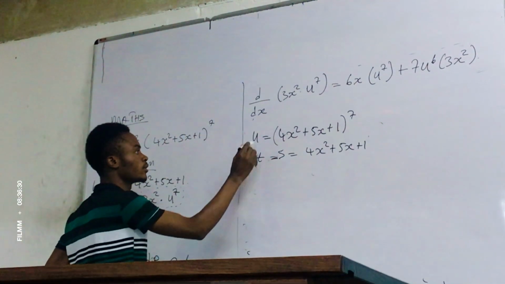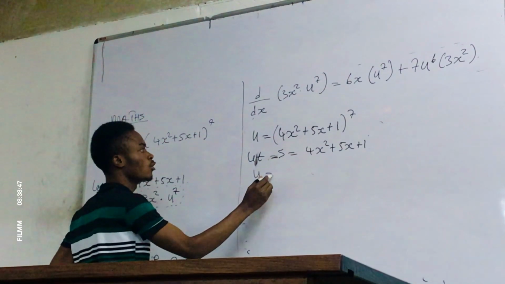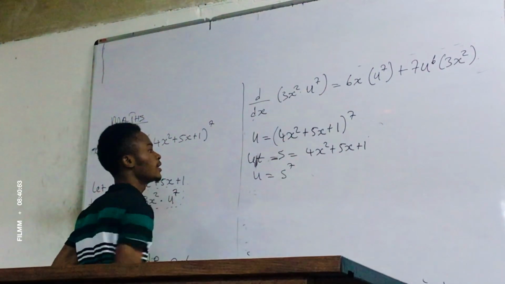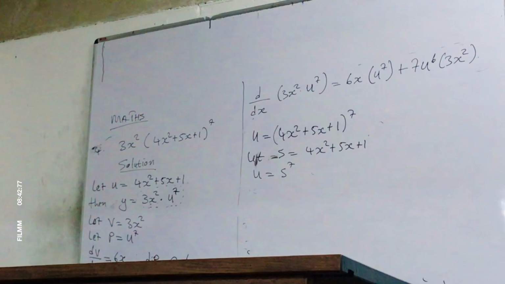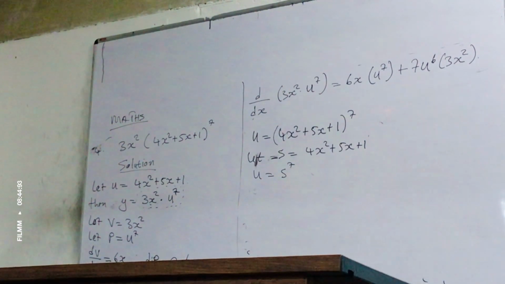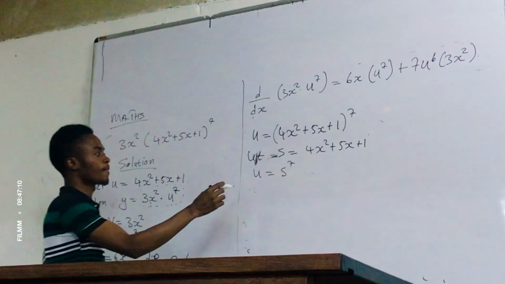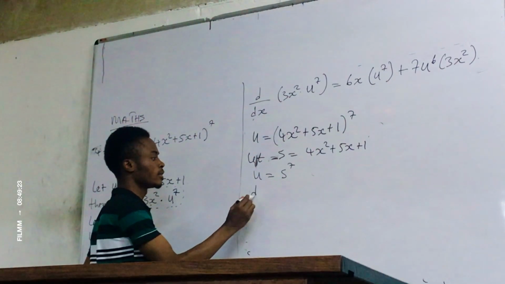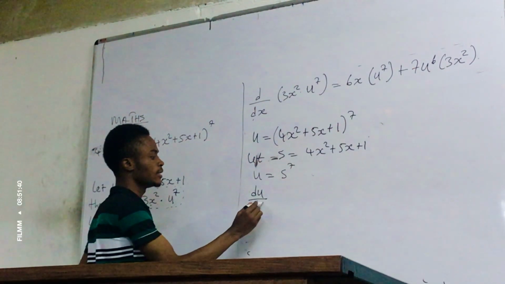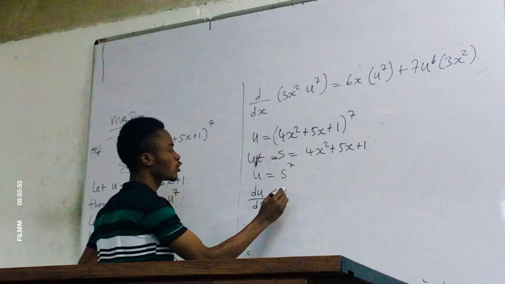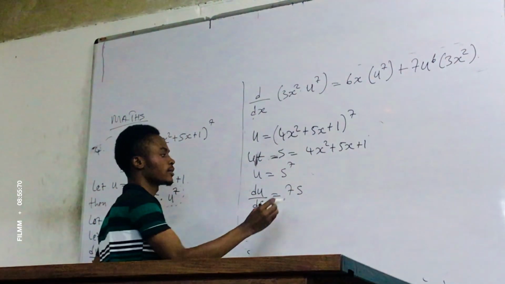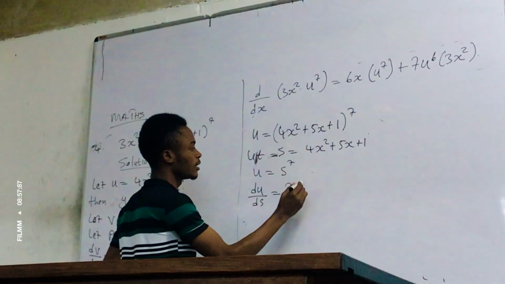So u will be equal to s to the power 7. From there, we can say du ds is equal to 7s to the power 6.